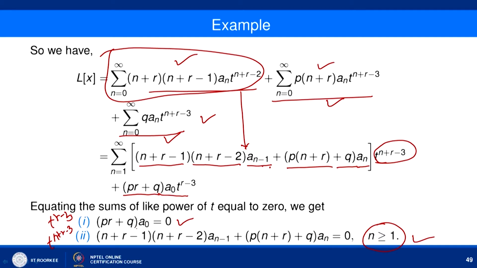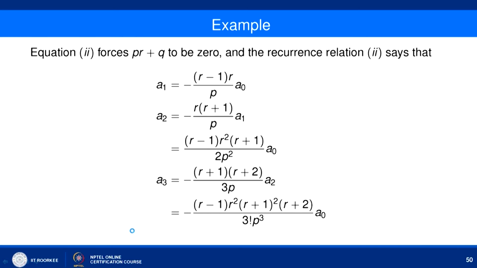From the first equation you get the initial equation p r plus q equal to 0. Since it is a linear equation, we have only one solution, that is r equal to minus q by p, as the one root of the initial equation.